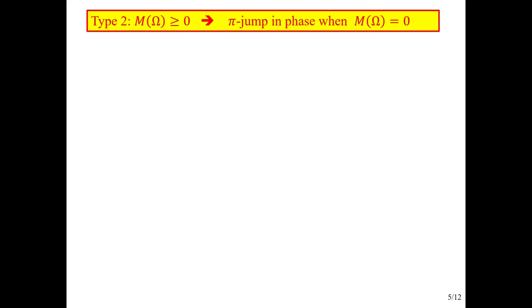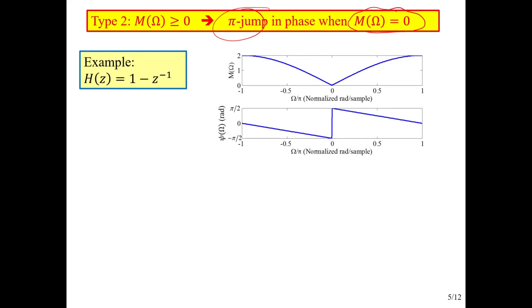But if you start with an RCSR transfer function, one can prove using theories from complex functions mathematics, something called analytic function theory, that for these kinds of frequency responses, whenever M of omega goes to 0 at some particular omega value, you will get a pi jump in the phase. So that'll be a pi jump discontinuity. And so here is an example. I've chosen one that goes to 0.